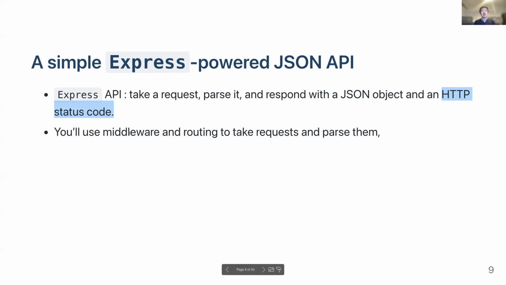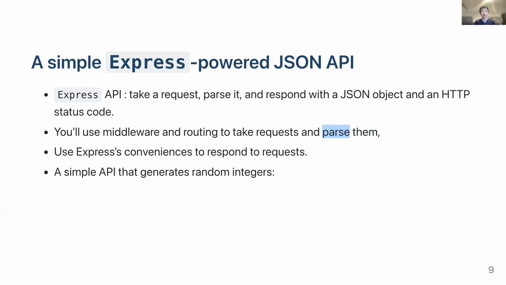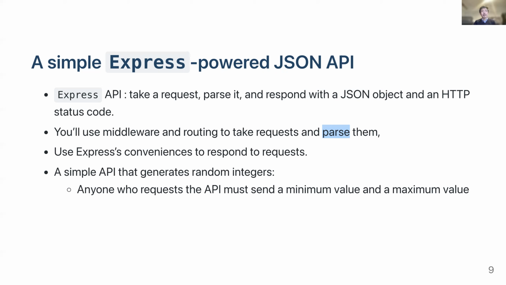Okay, we're going to use middleware and routing to receive requests and then parse them. Parsing basically means doing some processing of the request string to extract some information, which is actually not that difficult. So one example, a very simple API, just generates random integers, random numbers.